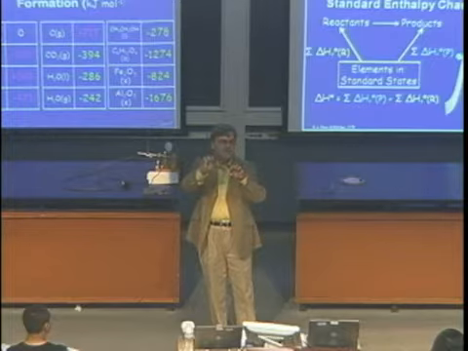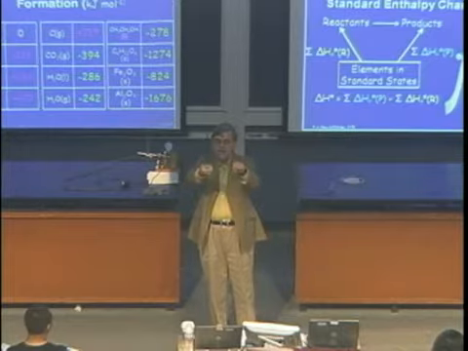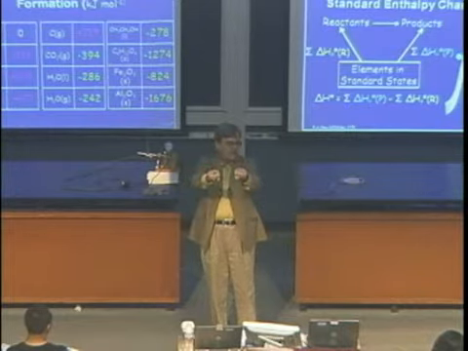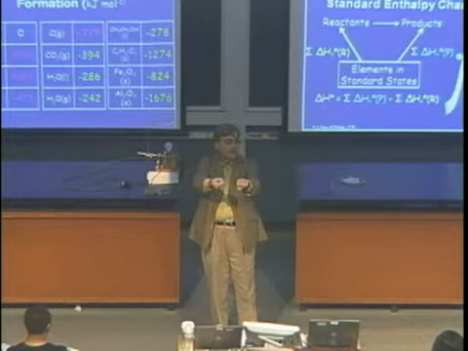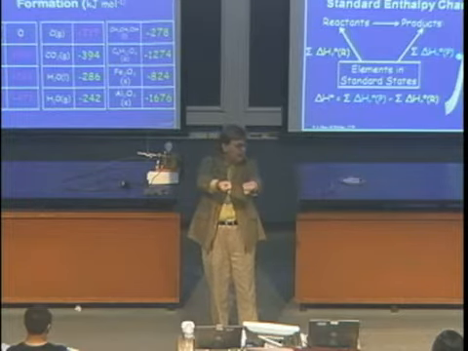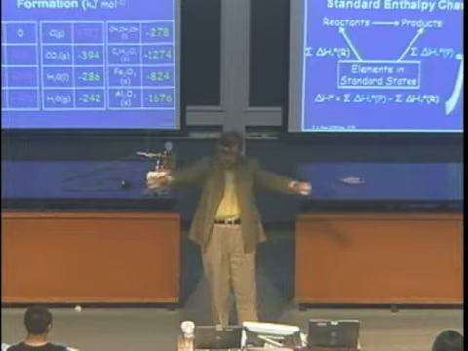So now, if I want to determine the standard enthalpy of formation of 1 hydrogen atom, would it be positive or would it be negative? So hydrogen has 2 atoms. This is 0, the standard state. Now, what do I need to do in order to get 1 away? I have to break that bond. So how do I break a bond? I hit it with a hammer. Okay, I have to put in energy to break that bond.